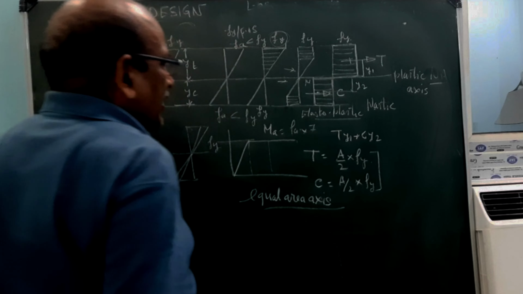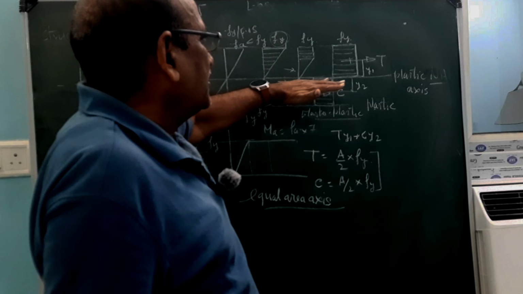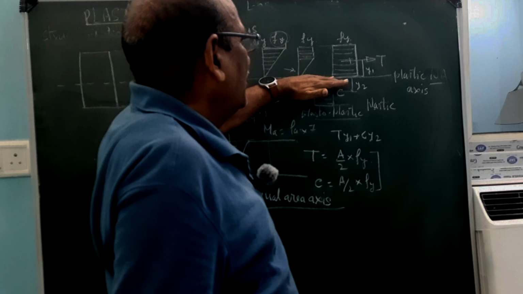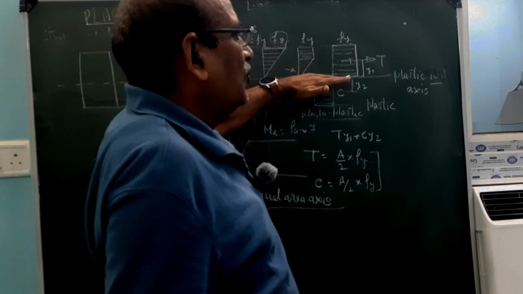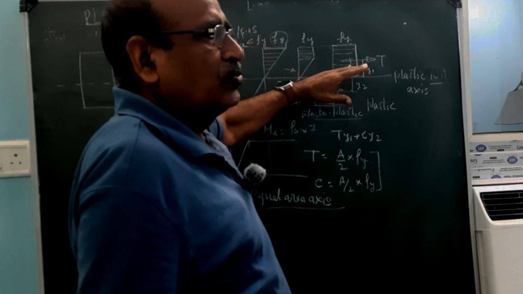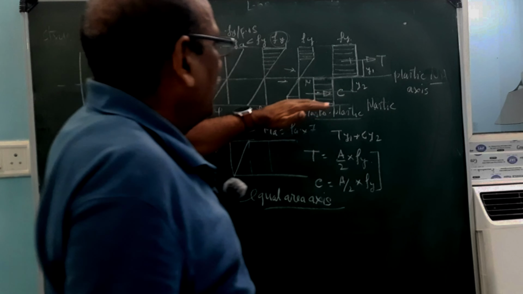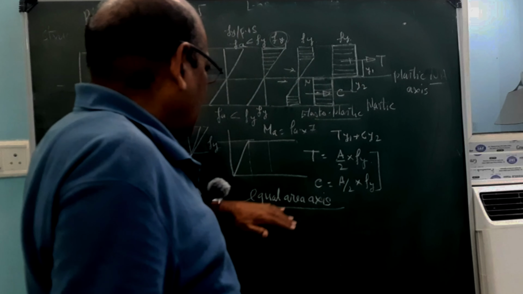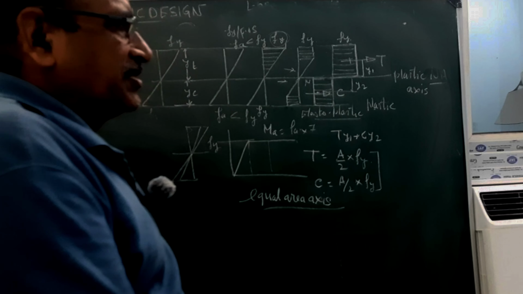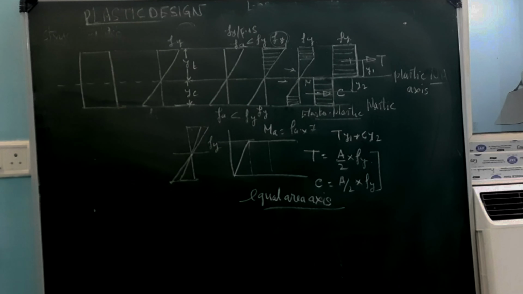This is the equal area axis because this axis divides the section into two halves on both sides. So this is called the plastic or equal area axis.